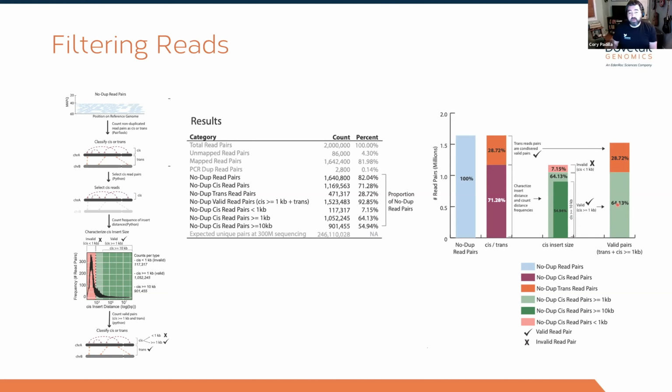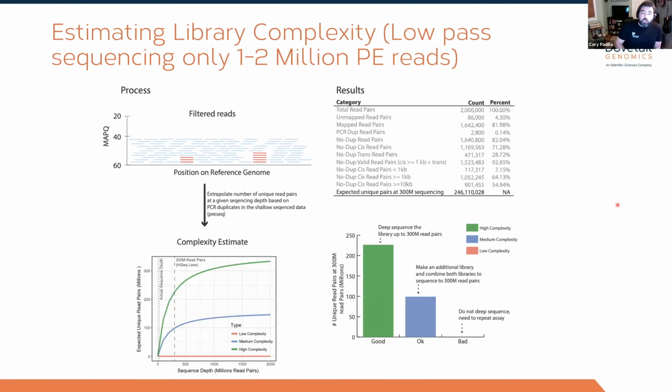And so if you shallow sequence, the next thing you want to ask is, how deeply can I sequence these libraries? Because Hi-C applications are really about generating enough read pairs to populate your contact matrix. So we do this using a tool called Preseq. Essentially, it takes your current sequencing depth and asks how many PCR duplicates are contained within that shallow sequence library.